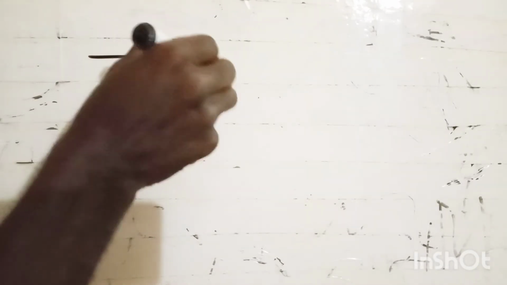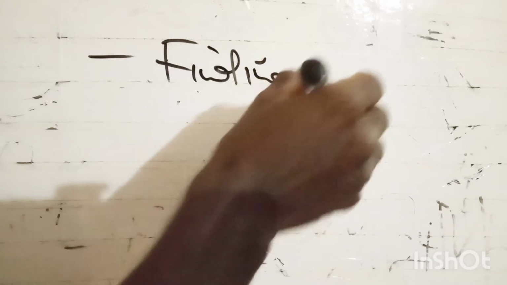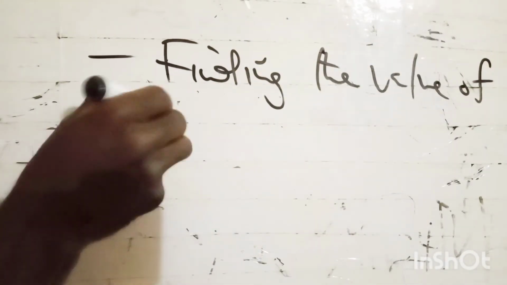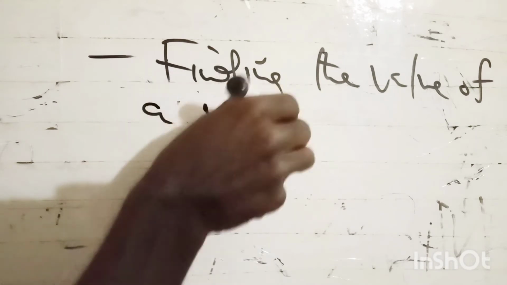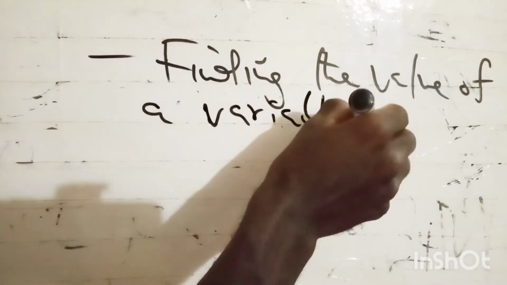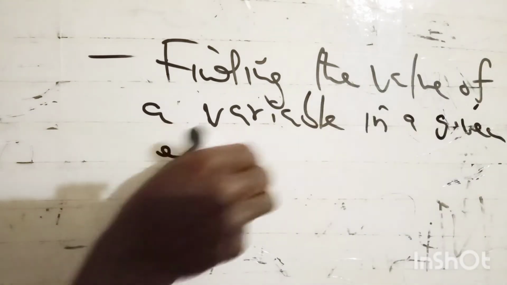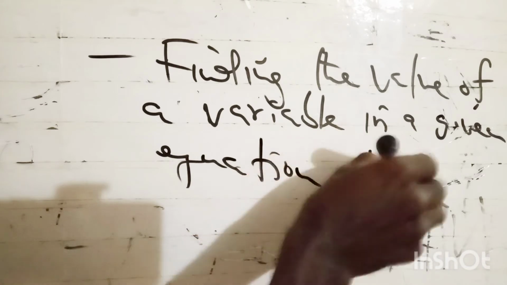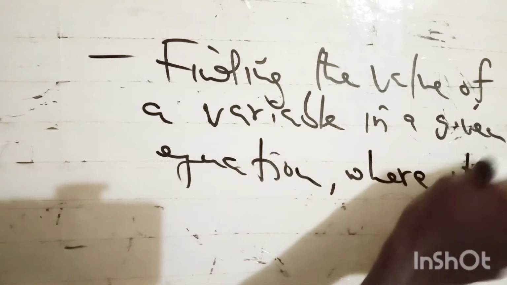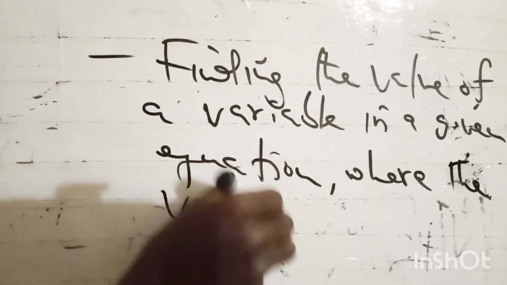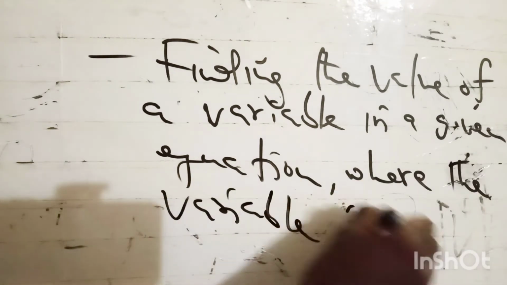So the first part has to do with finding the value of a variable in a given equation where the variable is only 1.